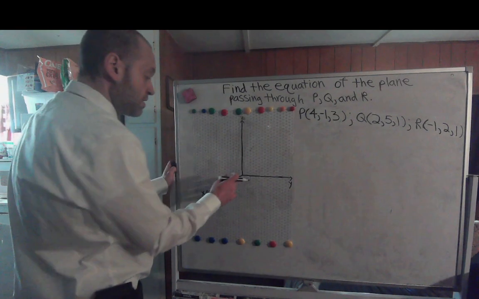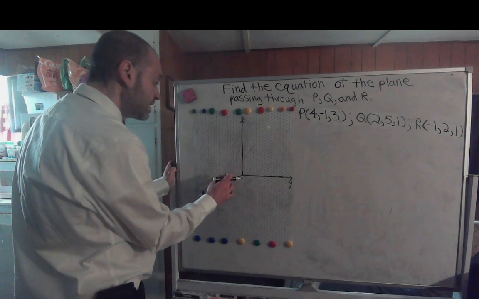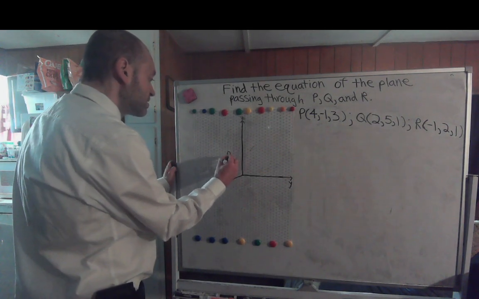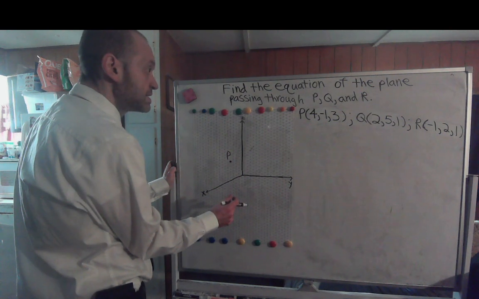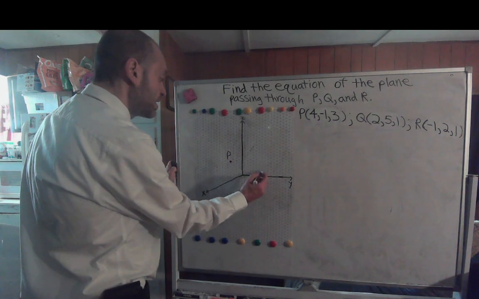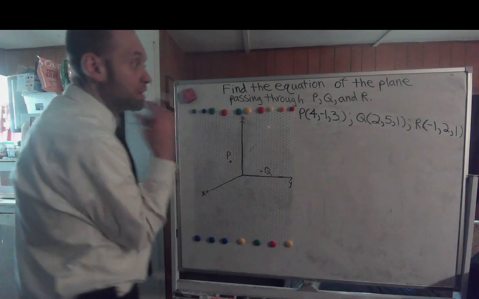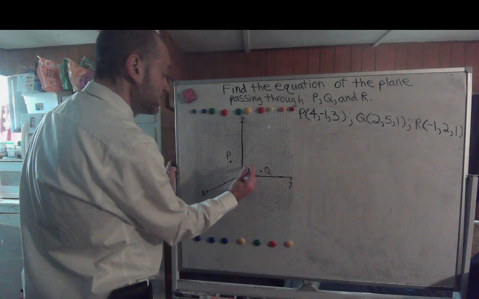So P is at 4, negative 1, 3, so that's going to be about up here. There's point P. Point Q is going to be at 2, 5, 1, right about there. And then point R is at negative 1, 2, 1.